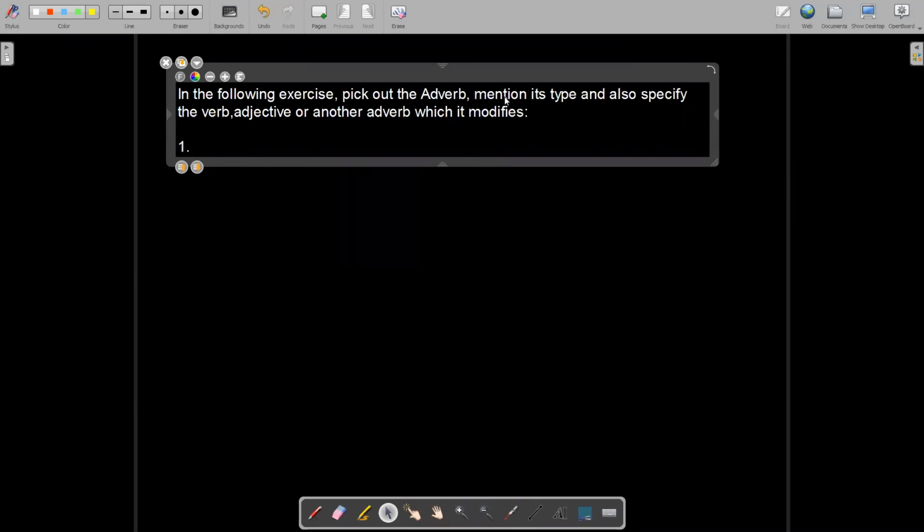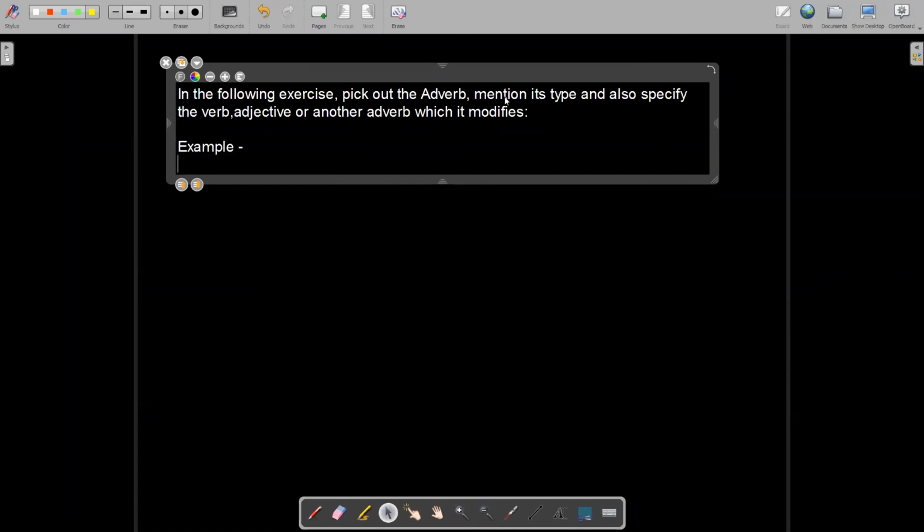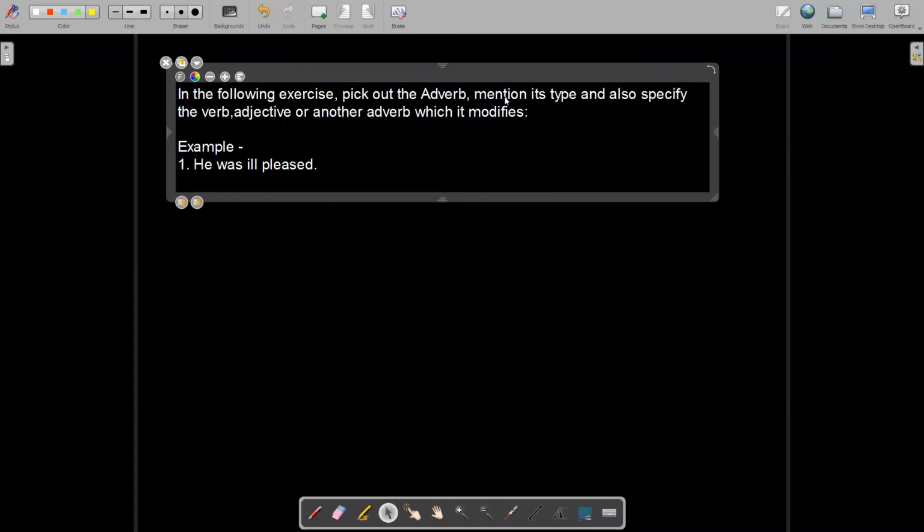As an example, I give the first one, that is, he was ill pleased. So in this, I can see very clearly that ill is the adverb. Now, what type of an adverb? It is adverb of manner.